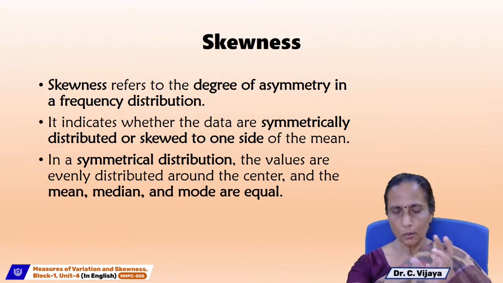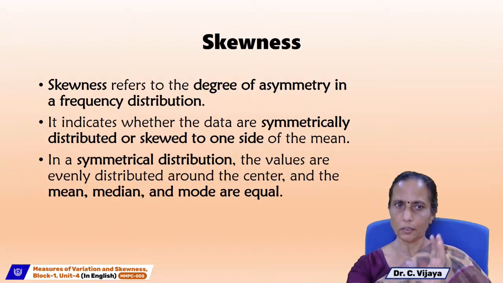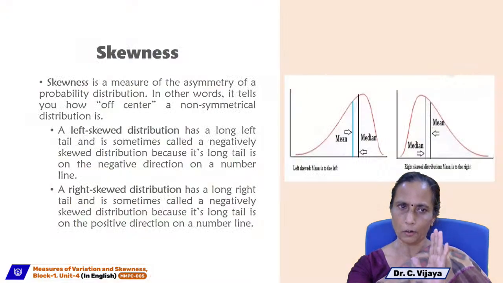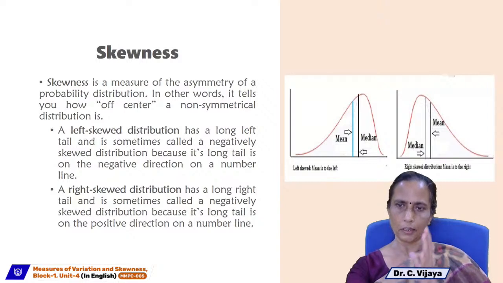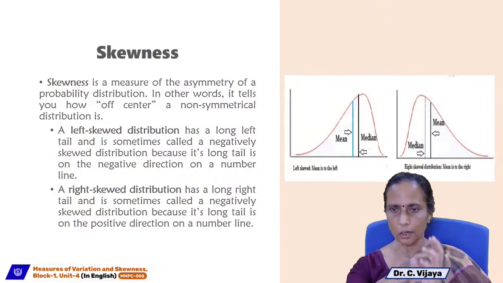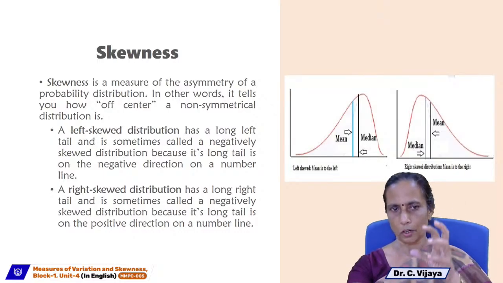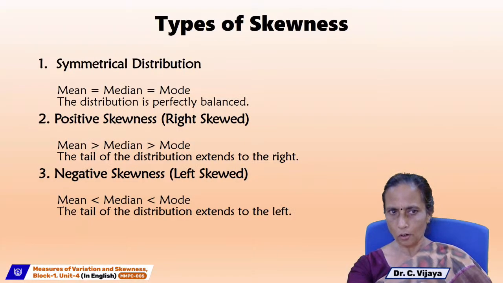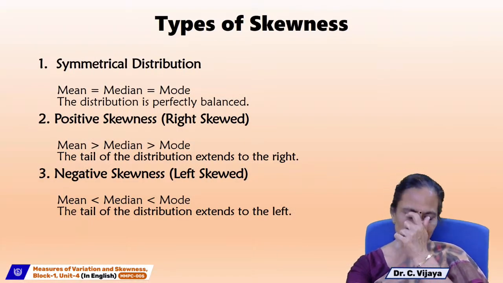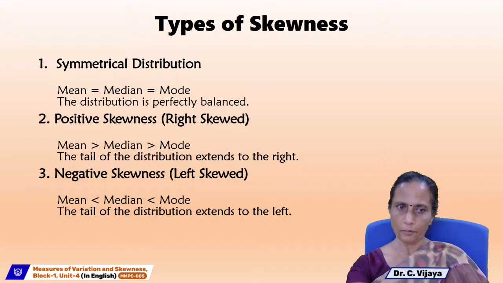And then we have discussed skewness, which speaks about the symmetry of your distribution. If the mean, median and mode of a distribution are one and the same value, then your distribution is symmetrical. If not, then it is positively skewed or negatively skewed.